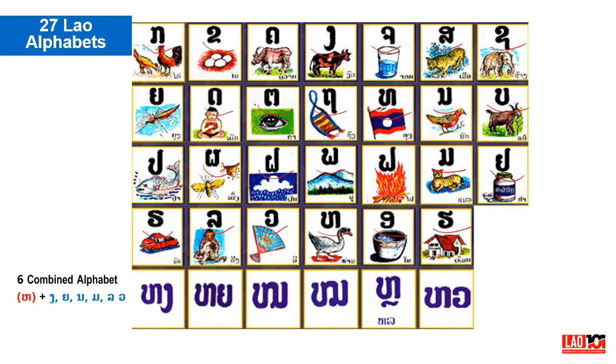So this is a combination between Ho and different characters. There are 6 of them, 6 alphabets that become combination alphabets. Ngo, Ngo. You can compare here. Nyo, Nyo. No, No. Mo, Mo. Lo, Lo. Vo, Vo.